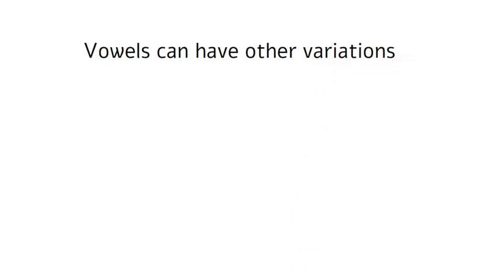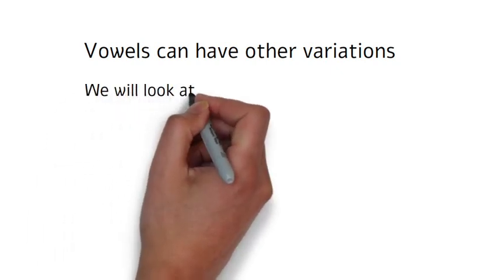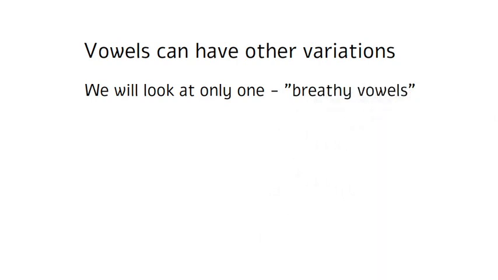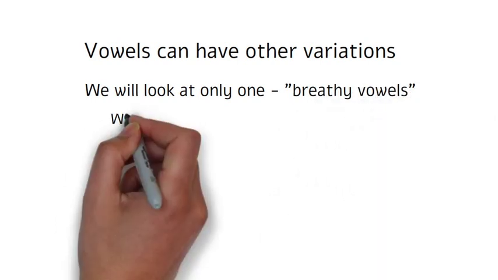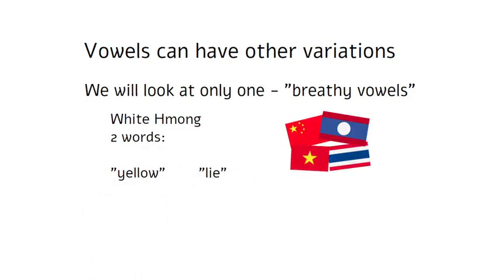Vowels can have other variations that are contrastive, and you need to pay attention to these. Yes, a lot of languages have different types of vowels that are contrastive. We will just mention one. This is breathy vowels. The White Hmong language, spoken in several Asian countries, has two words, da and da.